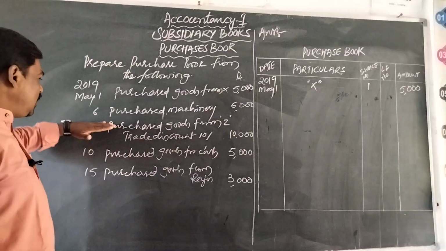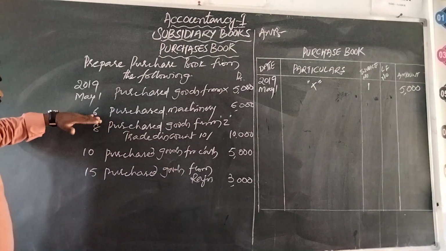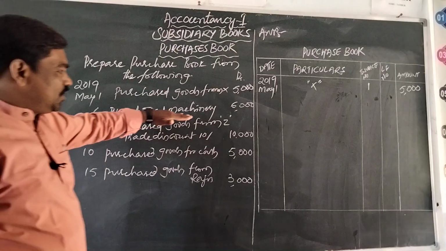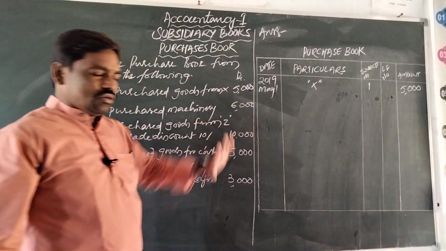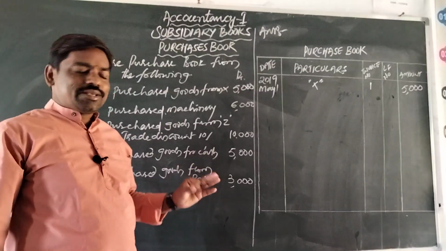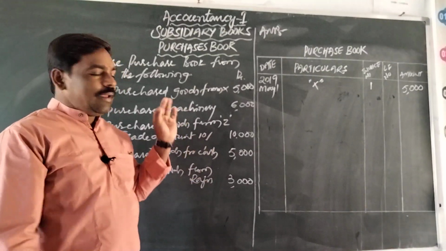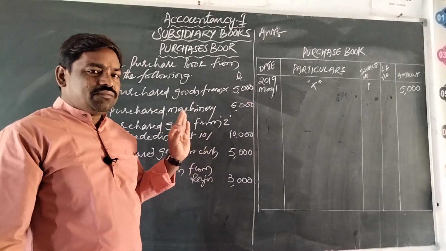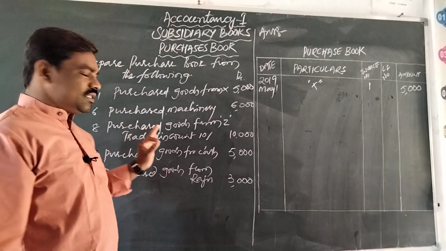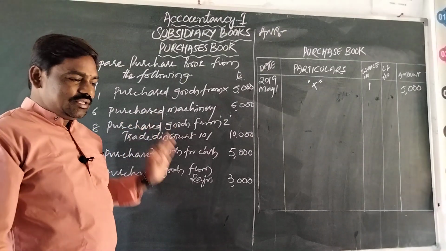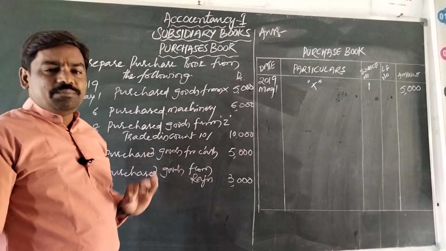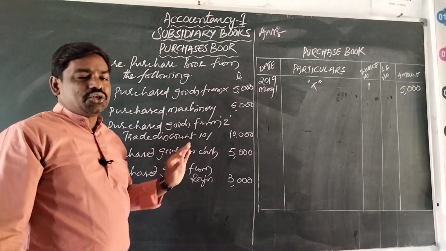After writing that, come to the second transaction. You observe here on May 6th, purchased machinery for rupees 6,000. It is a cash transaction, and one more thing, it is a purchase of an asset. Here we purchase the asset for cash, and this information should not be recorded in the purchase book because it is a condition.